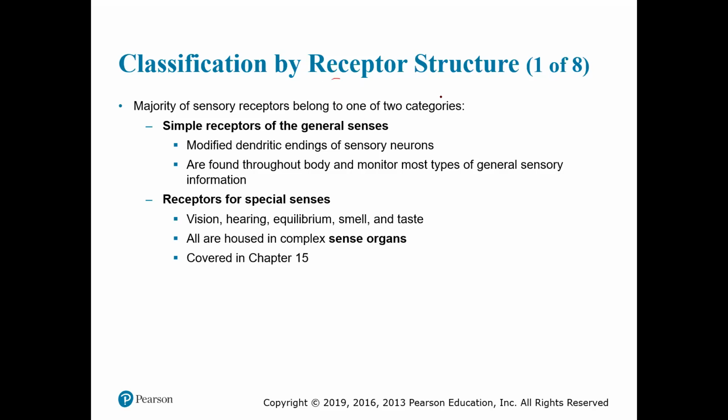Receptor structure. This is a little bit more difficult because you've got to memorize more with these. So simple receptors could just be dendrites, right? Free nerve endings. Simple. General senses or somatic senses too, right? So they monitor general sensory information.